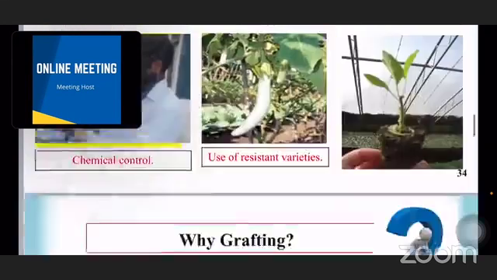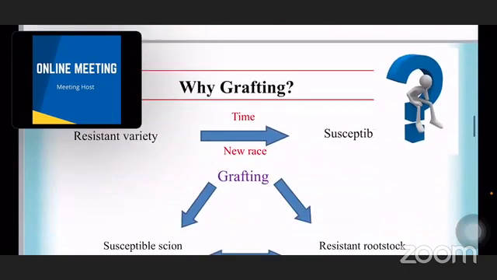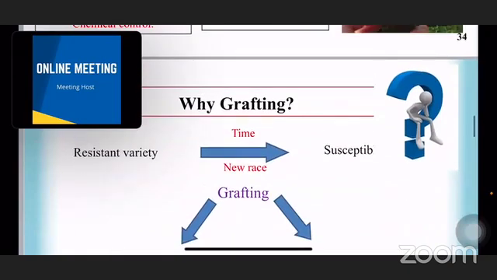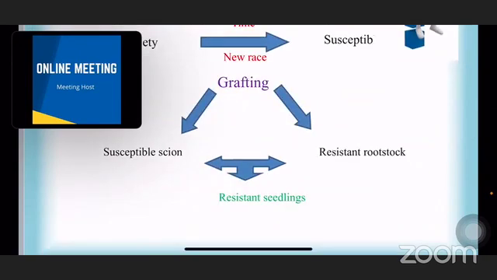Here, as I told in the previous slides, we have to find the resistant variety. If we have a resistant variety, after some time or some years, a new race of pathogen may come. After that, again the variety or hybrid may become susceptible. So how grafting helps here is, even if our variety or line is susceptible, we can find a resistant rootstock.